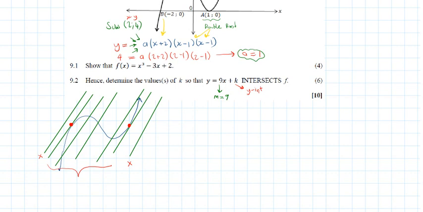So our line, let's just make it like that. Our function comes all the way down. Some of those lines intersect once, some intersect twice, but anyone in between will be intersecting, and all those lines have gradient 9.